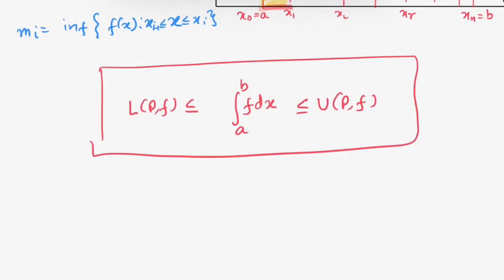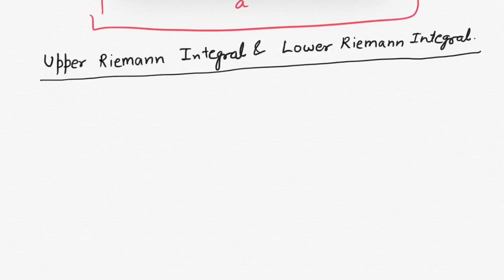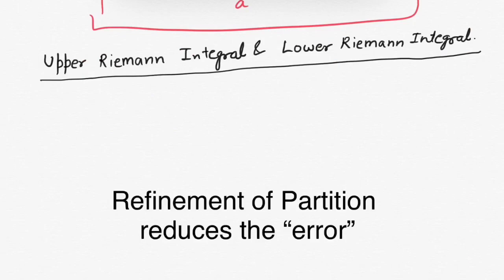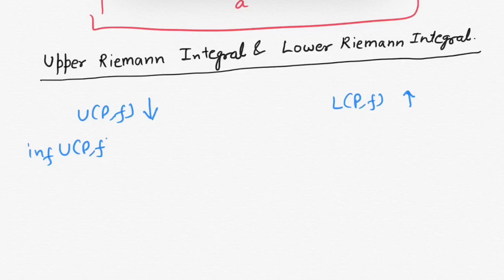Now let us see what the upper Riemann integral and the lower Riemann integral are. As we have seen, refinement of the partition reduces the error. As a result, U(P, f) decreases and L(P, f) increases. So the infimum of the upper Riemann sum is the upper Riemann integral, which is denoted by the upper integral from a to b of f dx.